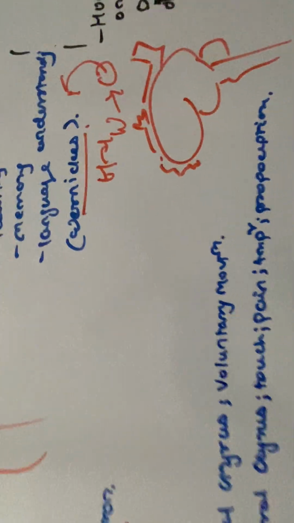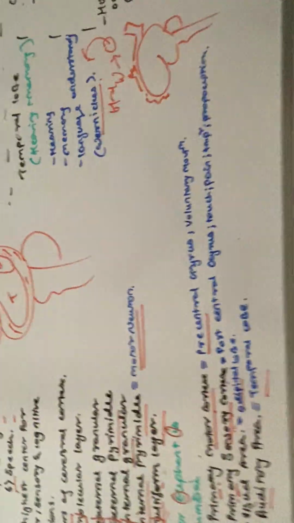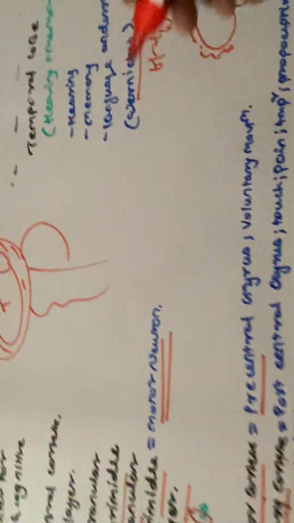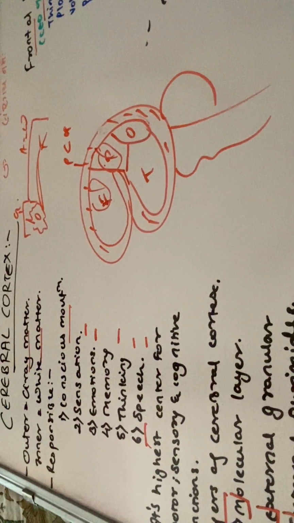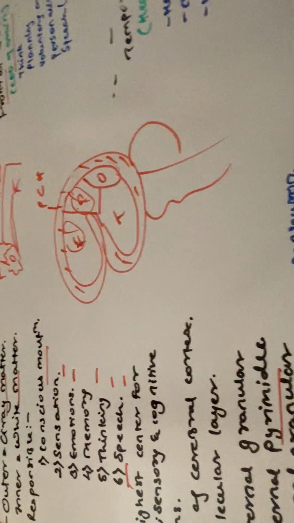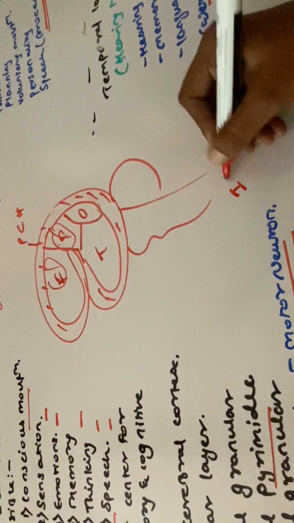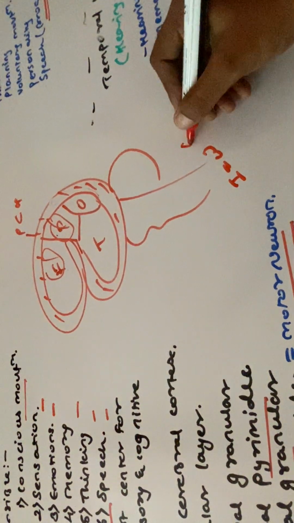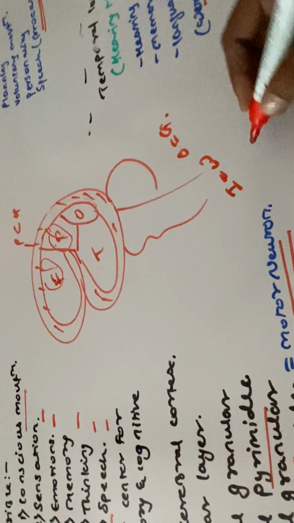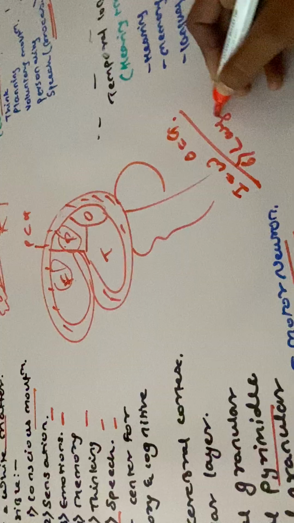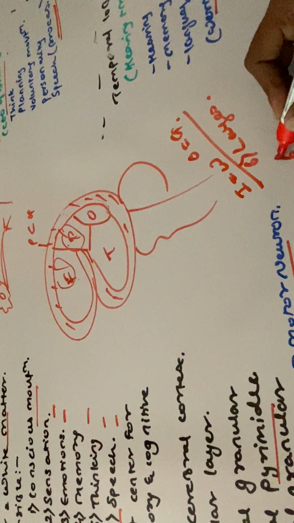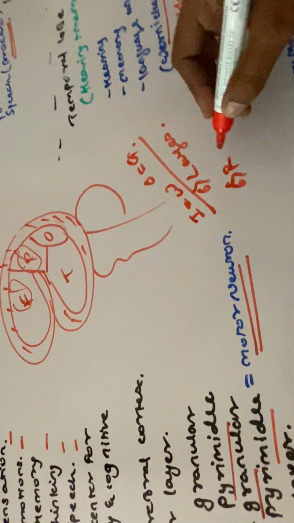Now let's do the revision once. We have seen the gray matter, white matter. Okay, inside it is white, outside it is gray, made up of 6 layers and 6 responsibilities.